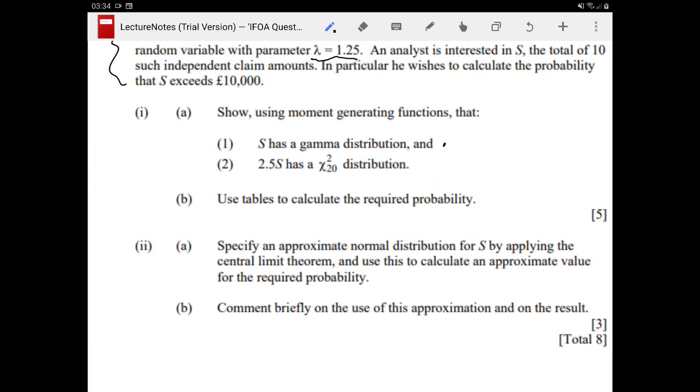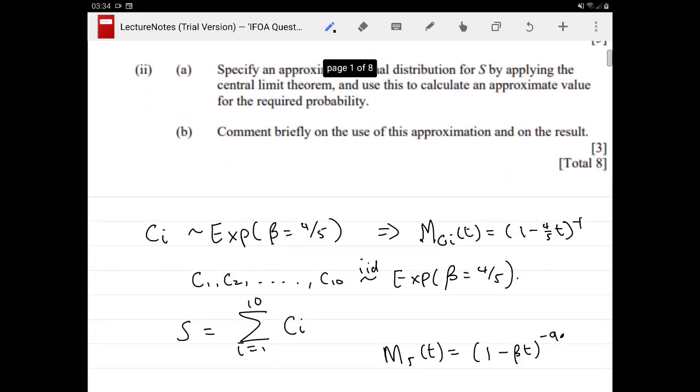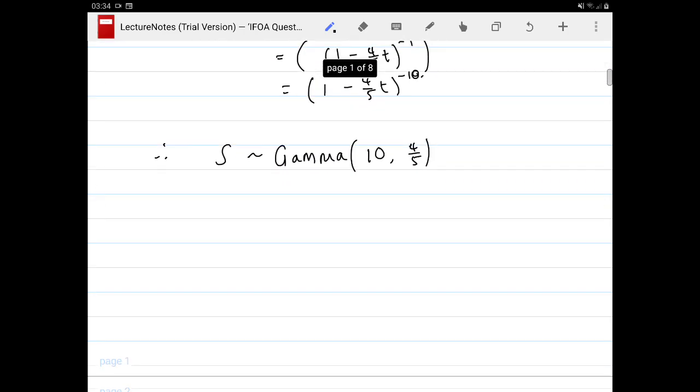Okay, so that's part 1. Part 2 says that we have to show that 2.5 times S has a chi-squared distribution with 20 degrees of freedom. I'm going to write this carefully so you can see the difference between the 5 and the S's: 2.5 times S is chi-squared with 20 degrees of freedom.